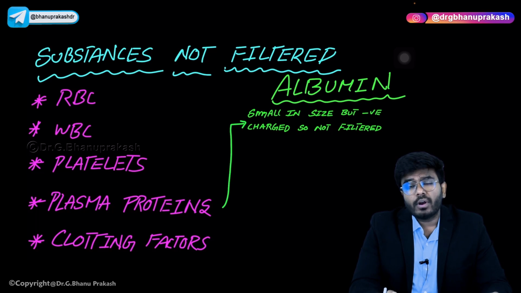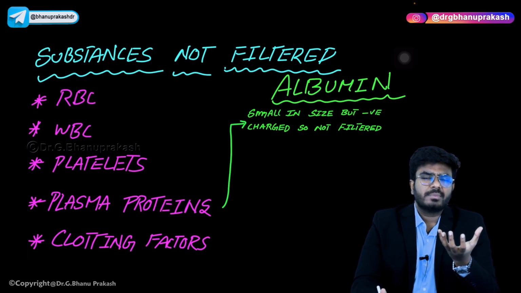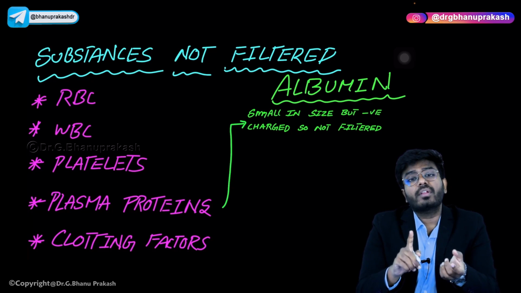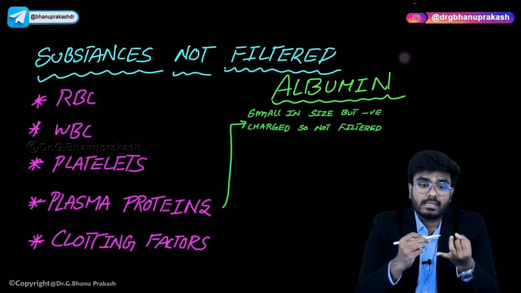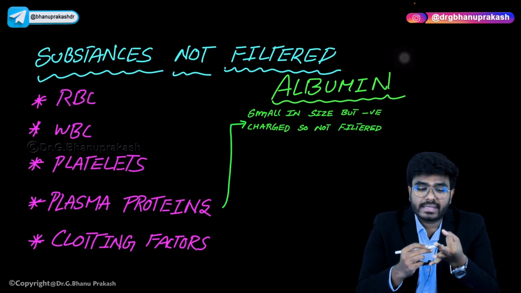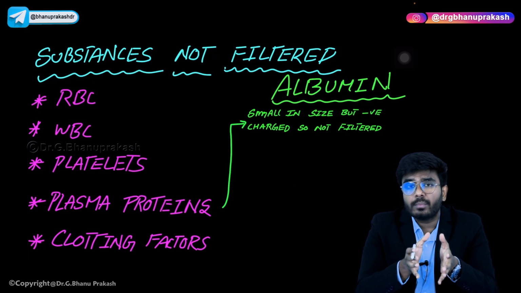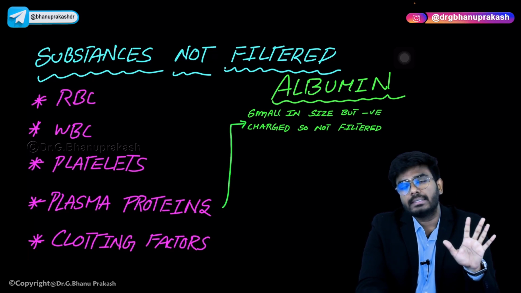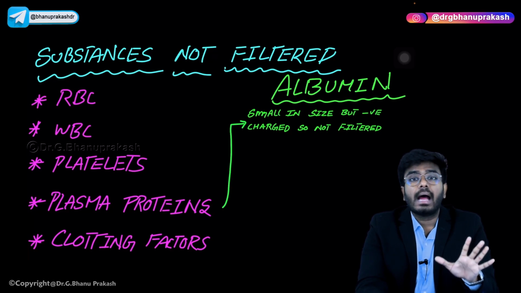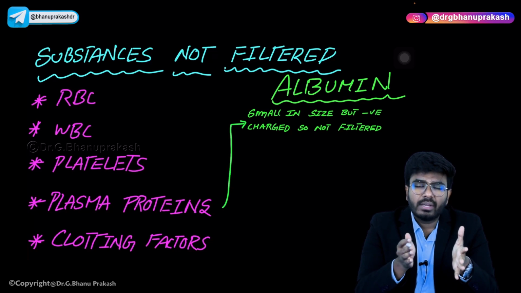Let's continue. What are the substances which are not filtered? Okay, see, plasma is getting freely filtered, but remember, for your entire life, RBCs, WBCs, platelets, plasma proteins, the coagulation proteins, complement proteins, they are not filtered. See, in the blood, what you are having?